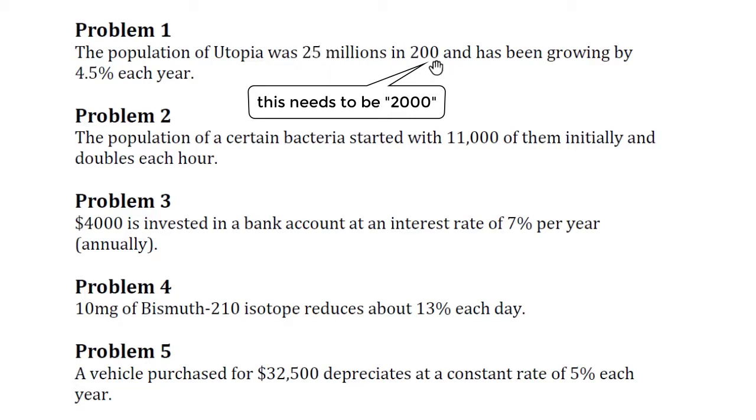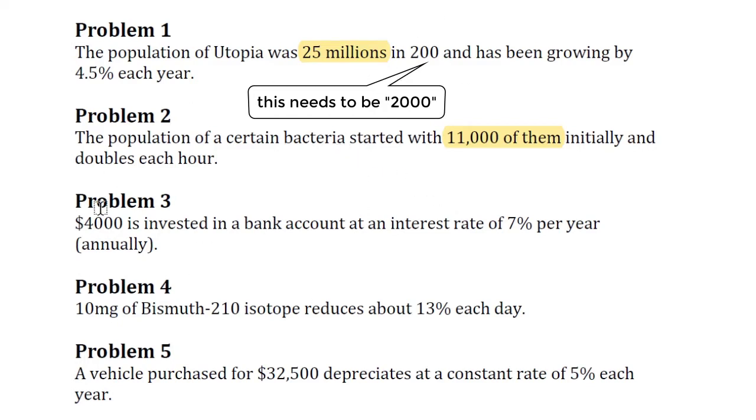We're starting at the year 2000 right here, and then the population of bacteria started with 11,000 of them initially. I can call this the initial amount. So the initial amount for this Utopia population problem is 25 million, right here. And the same for the population of bacteria, whatever bacteria that is.